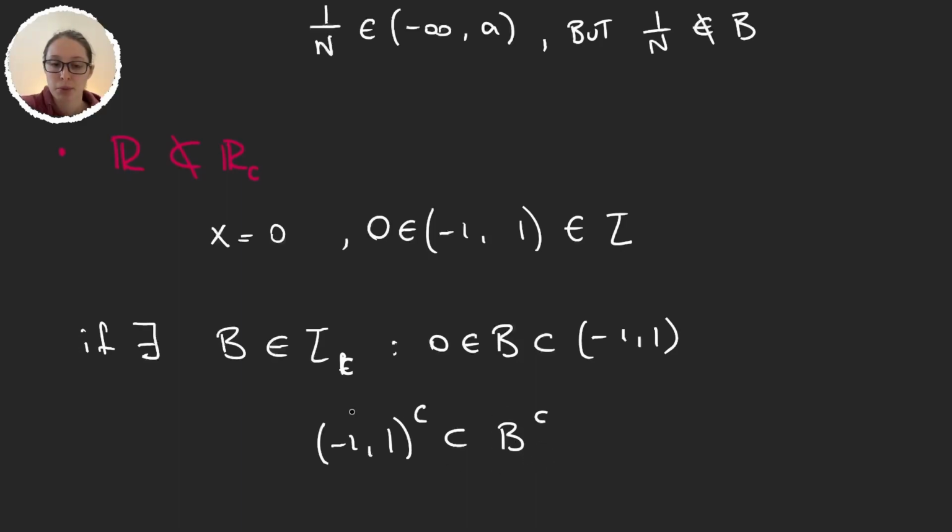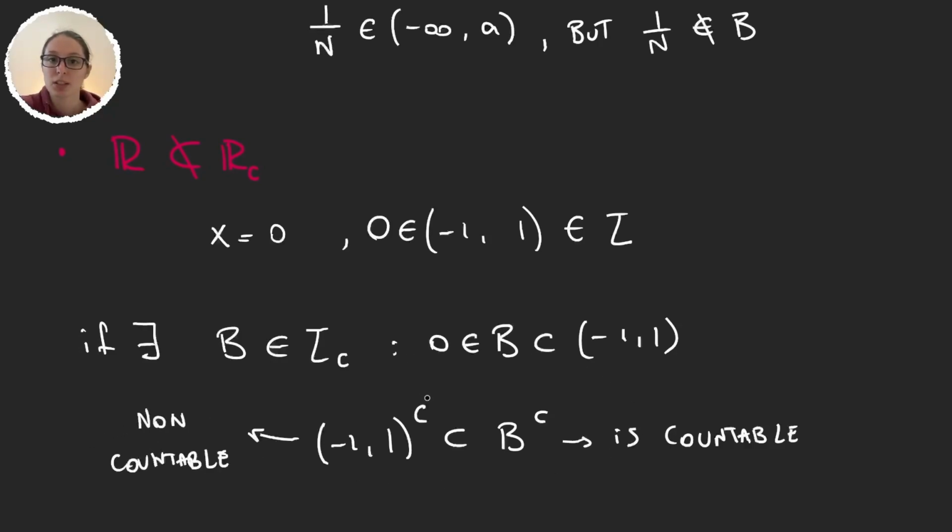P complement is countable, because it is in the countable complement topology, but (-1, 1) complement is non-countable. And so this is an absurd, and we have that this inclusion is not valid.